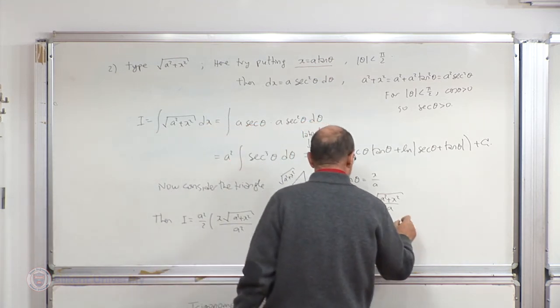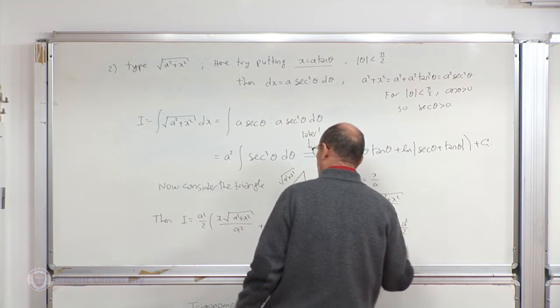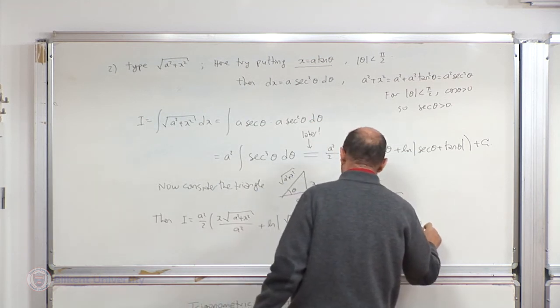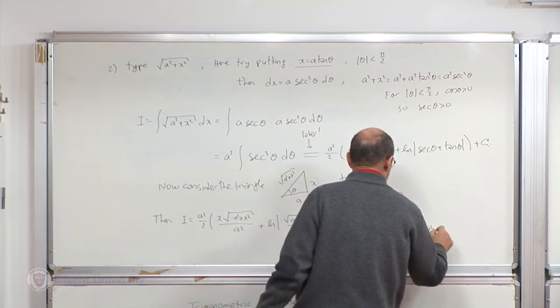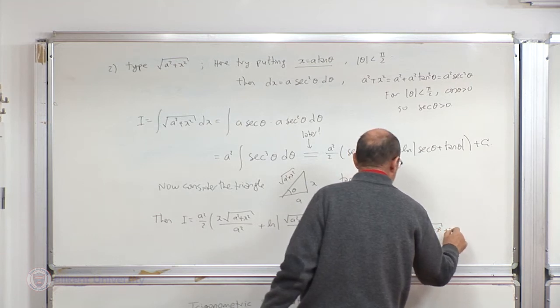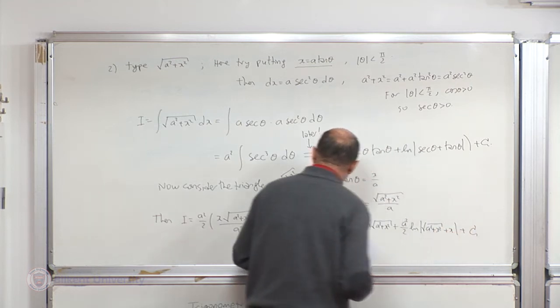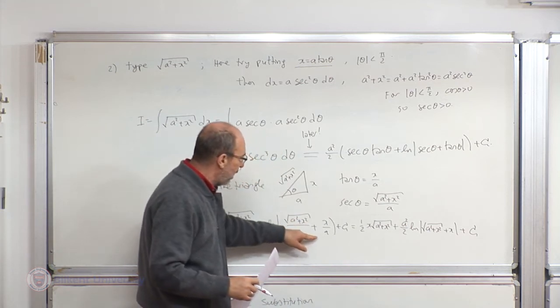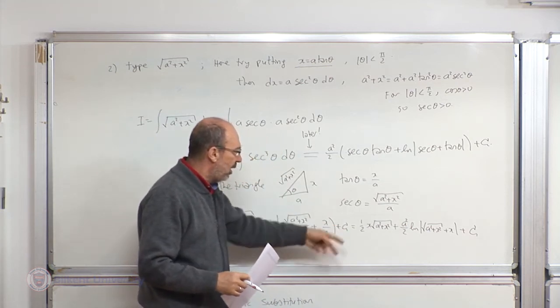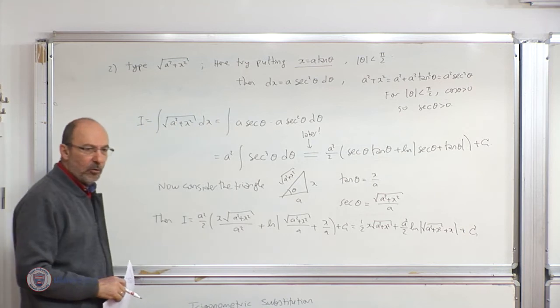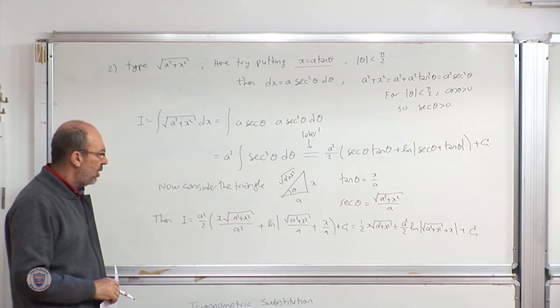So a square over 2 ln of the square root of a square plus x square plus x, plus a constant. Here you see I have minus ln a, but I just tell c to deal with it. So this is the answer.